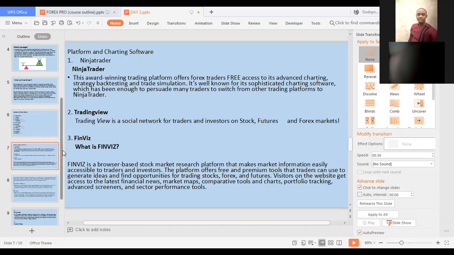Now, the next one is TradingView. TradingView is a social media for traders to trade. I always tell my students something.